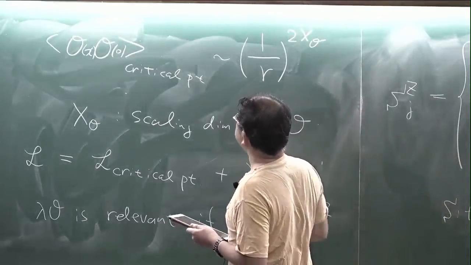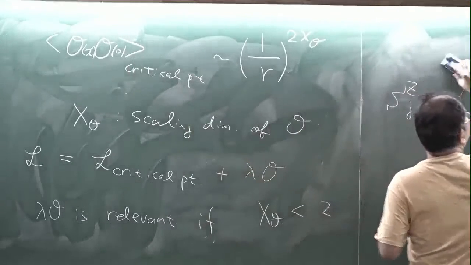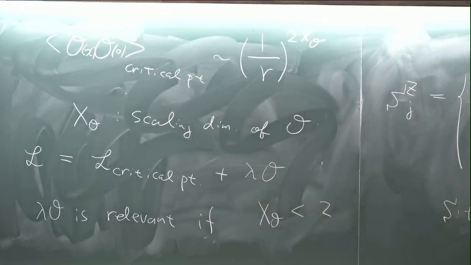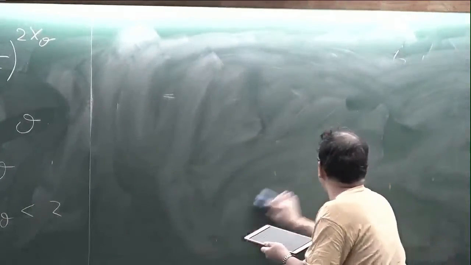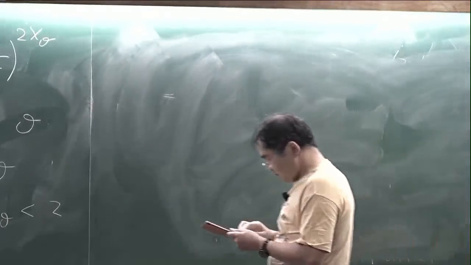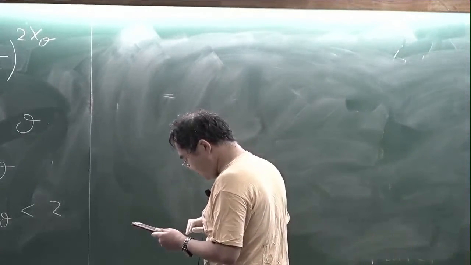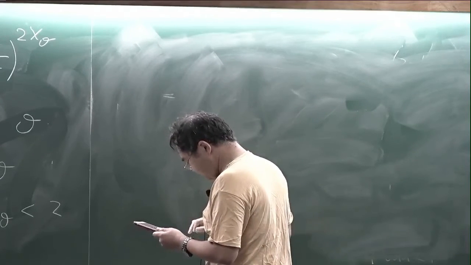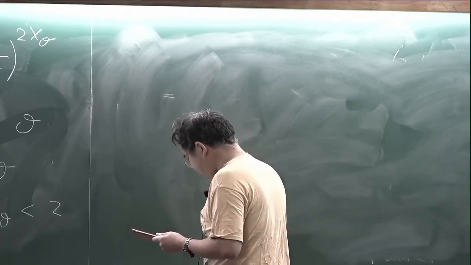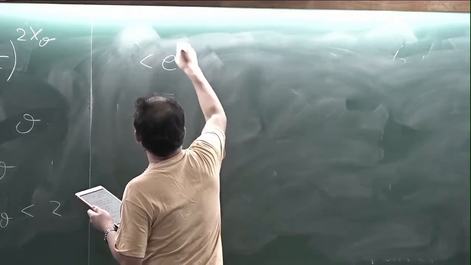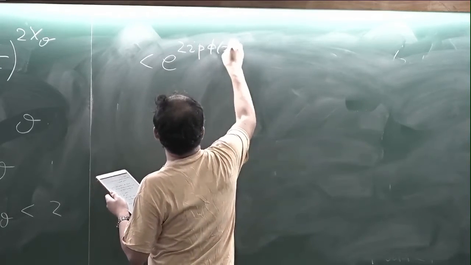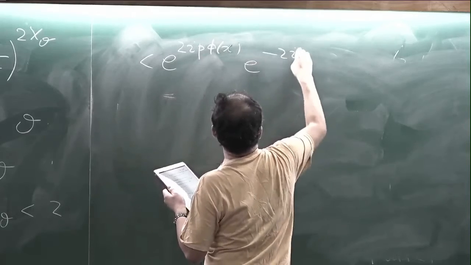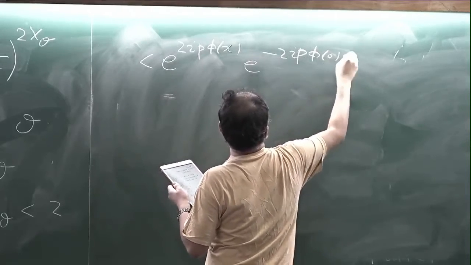And to determine this, we need to know this correlation function, but that we already have discussed. So here we are concerned with e^{2iφ(x)} e^{-2iφ(0)}.